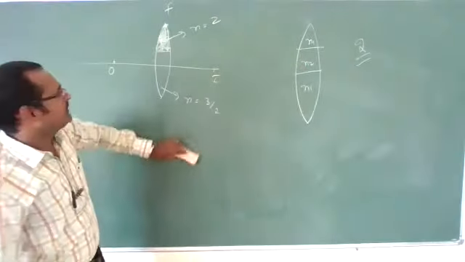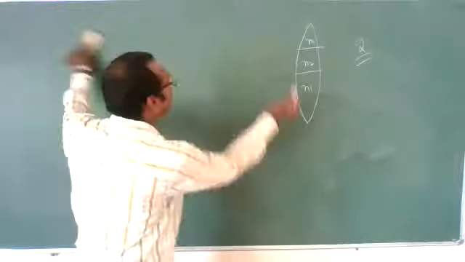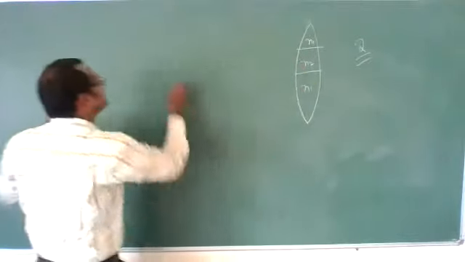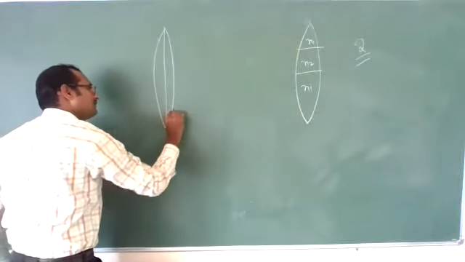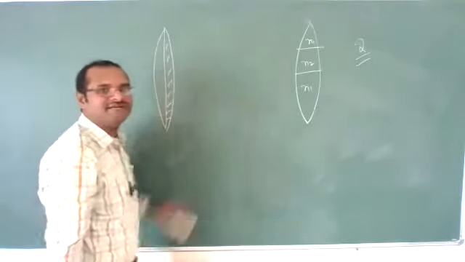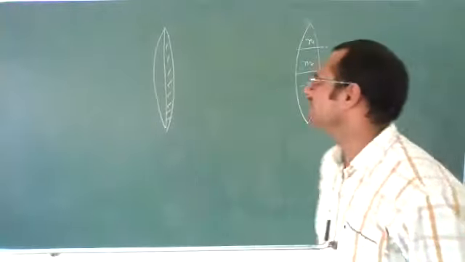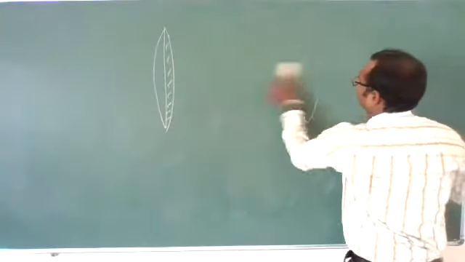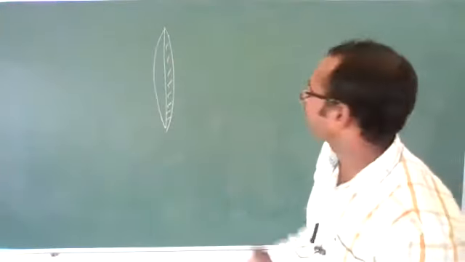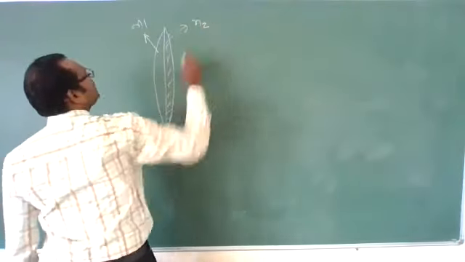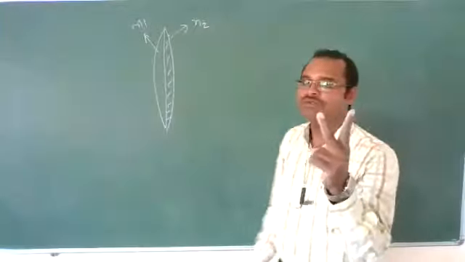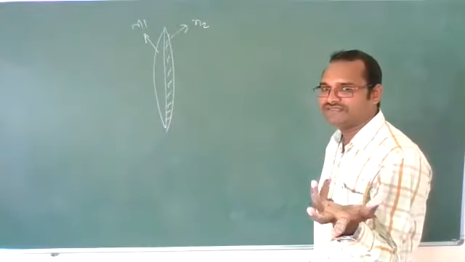Got it? Yes. Now, instead of the medium difference being like this, if the medium difference is like this, here a different medium and here a different medium, then how many images will form? This refractive index is N1, this refractive index is N2. How many images will form?